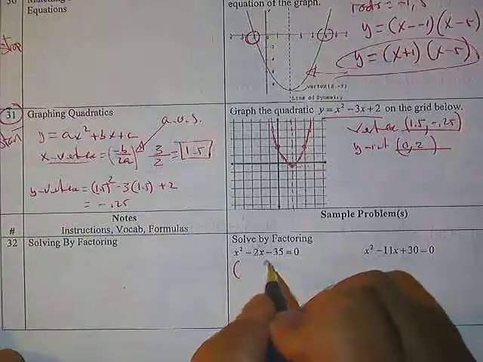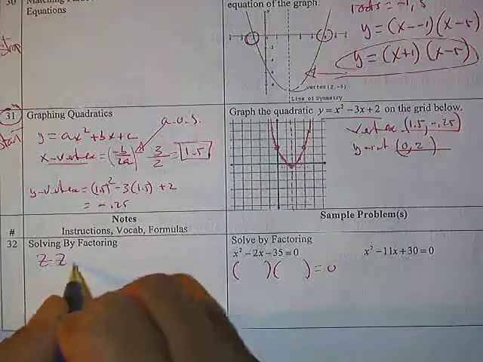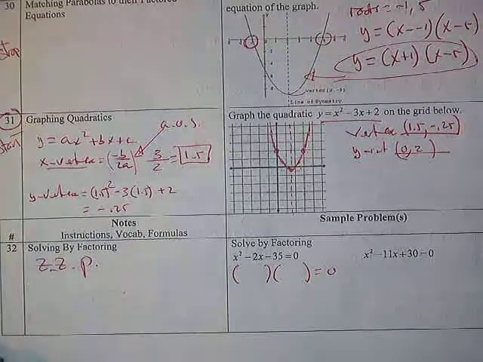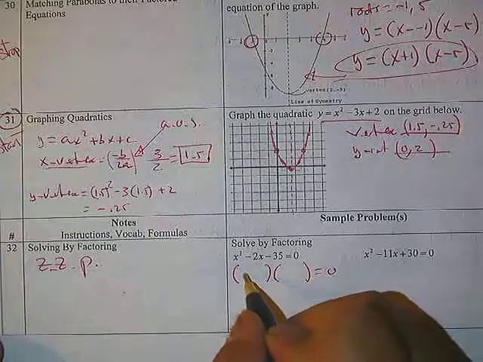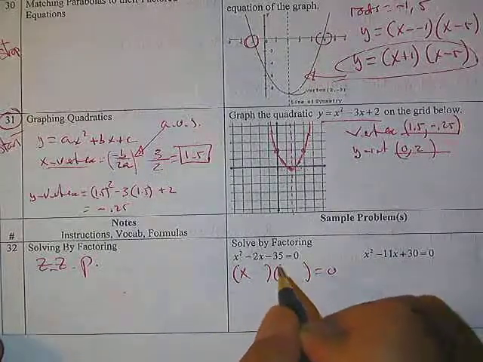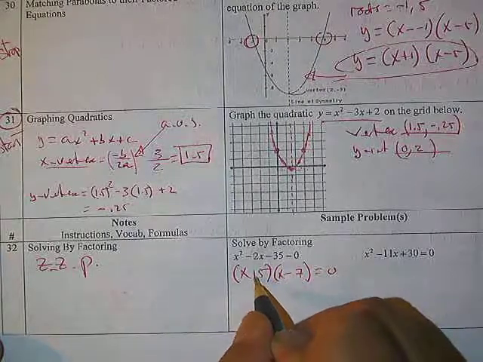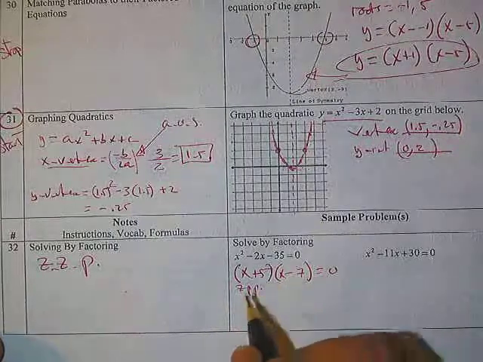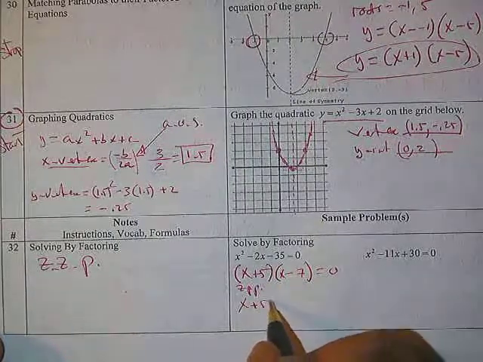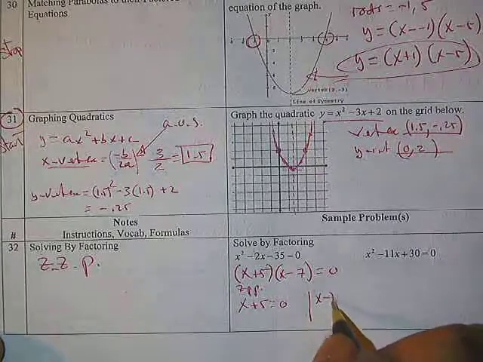Solve by factoring. Oh, this is easy. Once you factor, you can use the zero product property, which states that anything times 0 is 0. So this factors into x plus 5 and x minus 7.